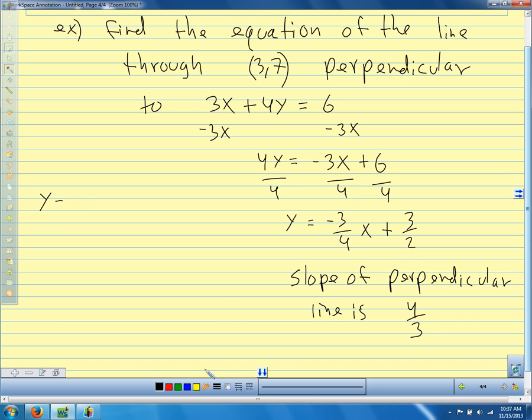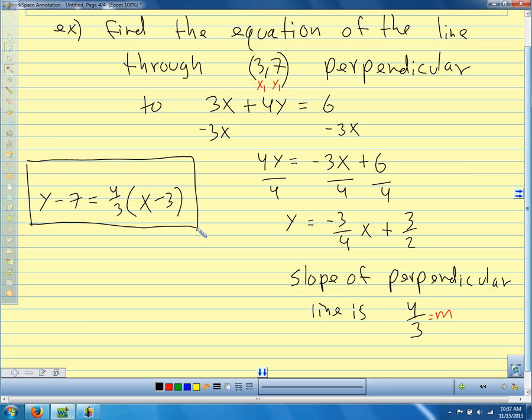Y minus, now it's often helpful to write x1, y1, there's my point, and this is m. So y minus y1, y minus 7 equals the slope, 4/3, times x minus x1, x minus 3. And there's my answer: y minus 7 equals 4/3 (x minus 3). The slopes of these two lines are negative reciprocals.